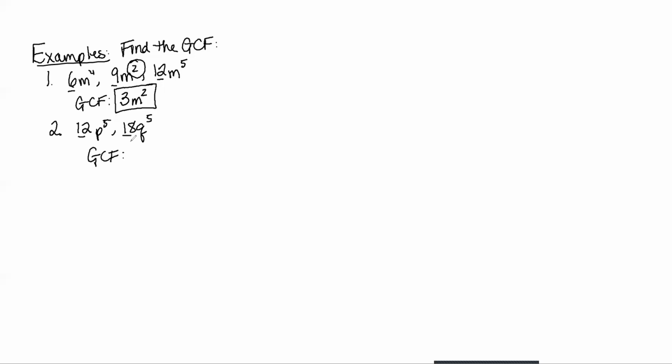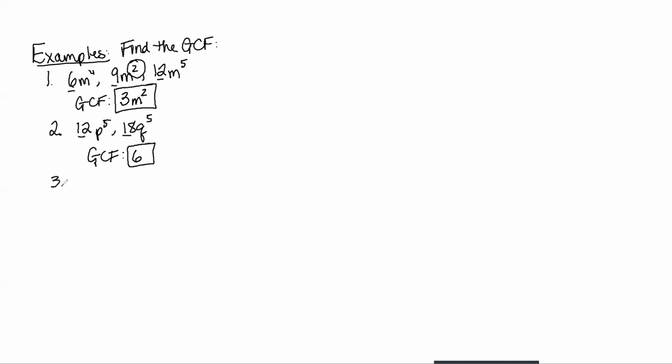And one thing to note, make sure you're finding the GCF, not just a common factor. 2 is a common factor, but it's not the greatest common factor, so that would be incorrect. 6 is our greatest common factor. And what variables do they share? Well, this one has p's, this one has q's, so they don't actually share any variables. So we can't add any variables to the GCF, so we're going to leave it just as 6.